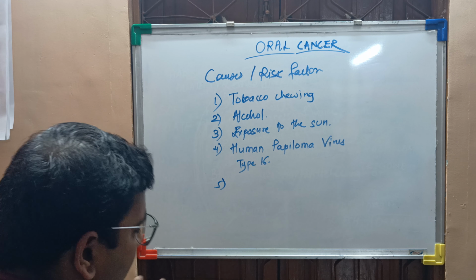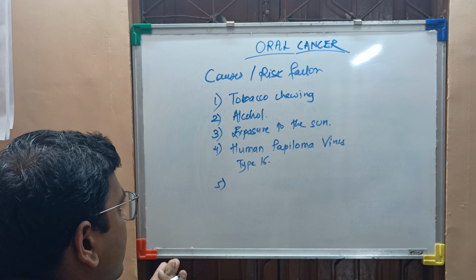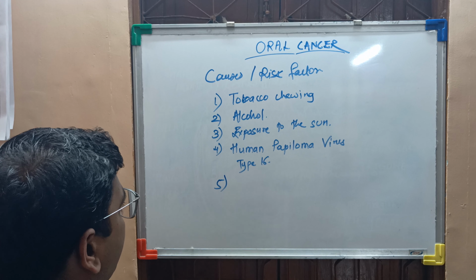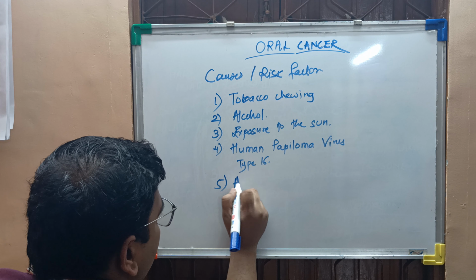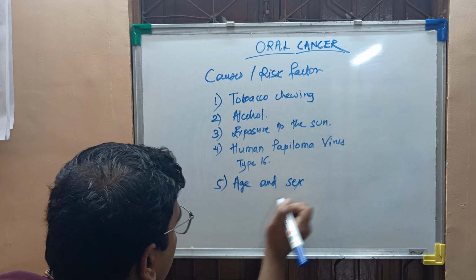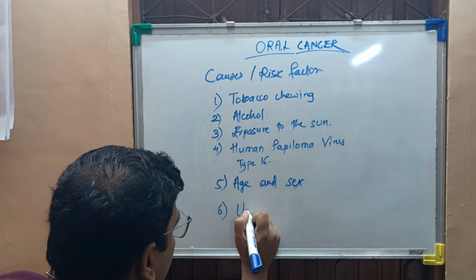The fifth one is age and sex, and the last one is unknown.